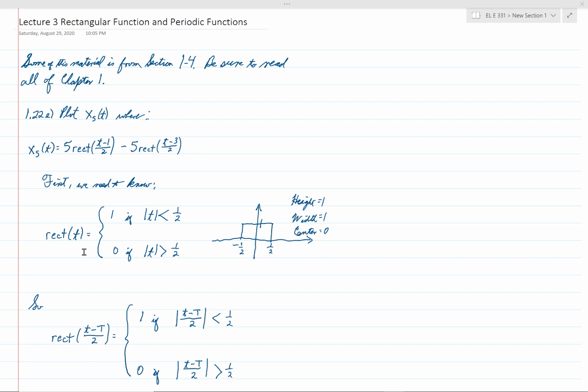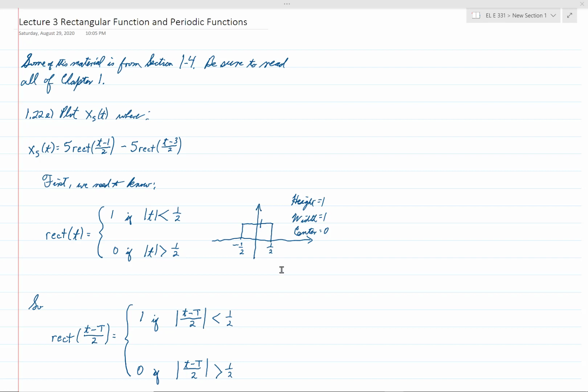The rectangular function of t is defined in this way. It's equal to 1 if the magnitude of t is less than 1/2, and it's equal to 0 if the magnitude of t is greater than 1/2. So here is a picture of that function, and you can see why it's called a rectangular function, because indeed it is a rectangle.